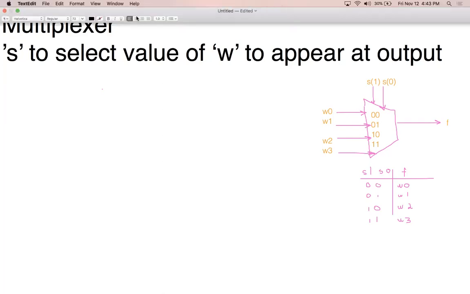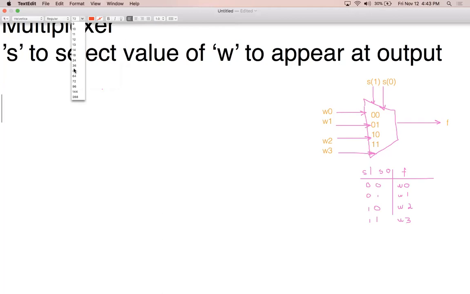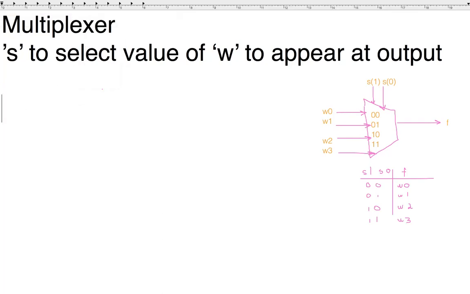Okay, so let me start my code here. I'm going to do it in a different color. I'm going to make it red, and decrease the size. So: library IEEE, always start with that. Remember the four libraries I told you.